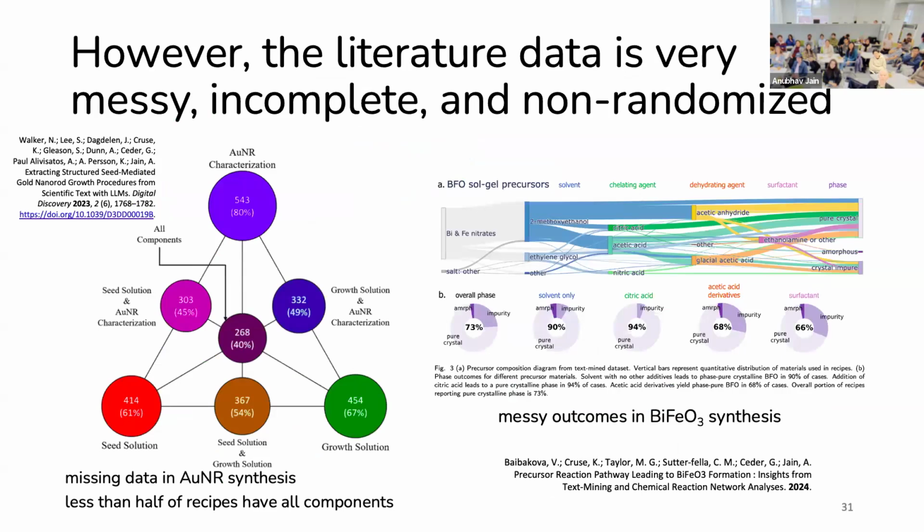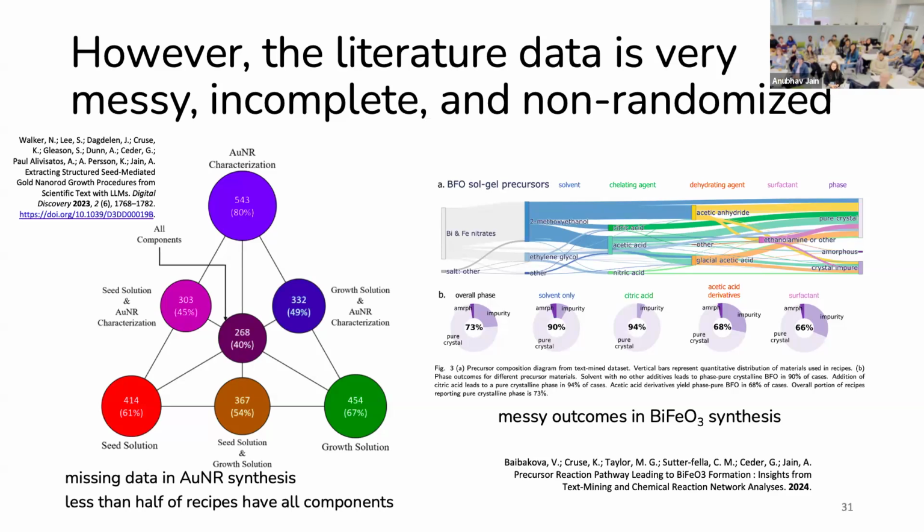Unfortunately, when we look at the data, it's extremely messy, incomplete, and non-randomized. On the left are some results from our gold nanoparticle data. The numbers are the completeness of the data, meaning what fraction of the recipes had this data. On the bottom left, where it says seed solution 61%, that means 60% of the papers that reported a recipe for gold nanoparticles reported what the seed solution was, and 40% neglected to mention it.